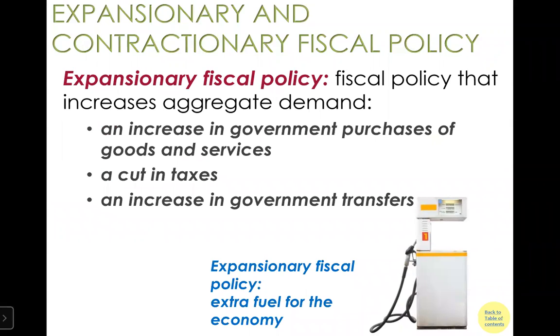Expansionary fiscal policy is going to stimulate our economy. It's like we put extra fuel in the economy so that the economy is going to become stronger. On the other hand, contractionary fiscal policy is to depress the economy, to slow down the economy.